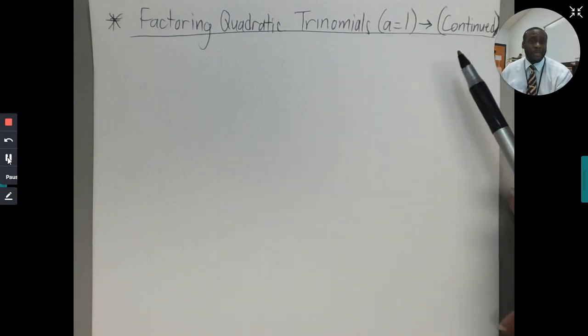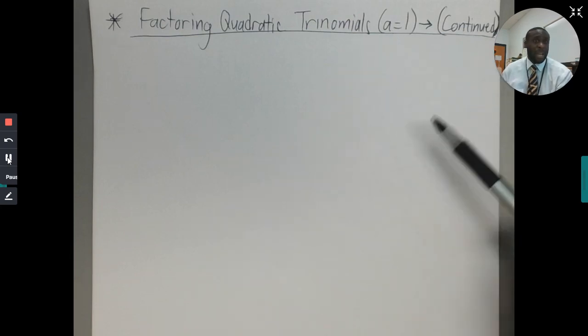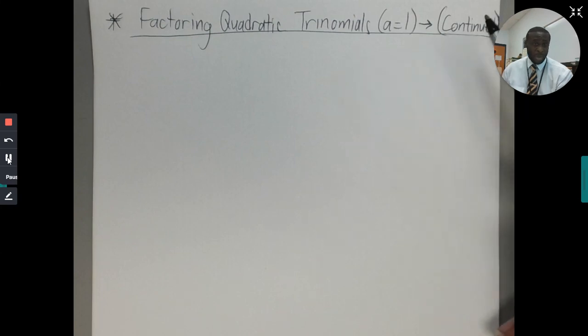We talked about how to identify the a, the b, and the c value when a quadratic trinomial is in standard form. We also talked about factoring numbers in general, and we did one example of factoring a quadratic trinomial. So we're just going to continue where we left off.